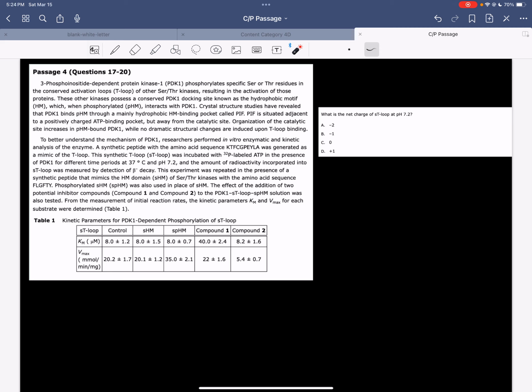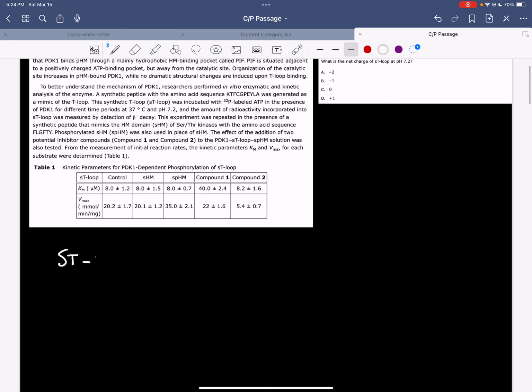So technically they've given me the amino acid sequence called ST loop, and according to what we have there, I'm gonna underline it out for you guys so you can see it is right here.